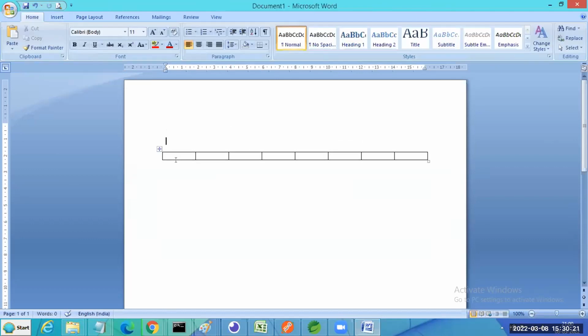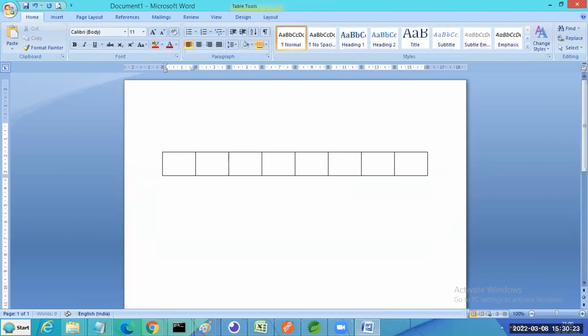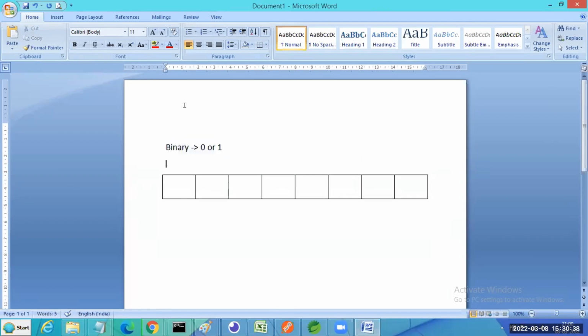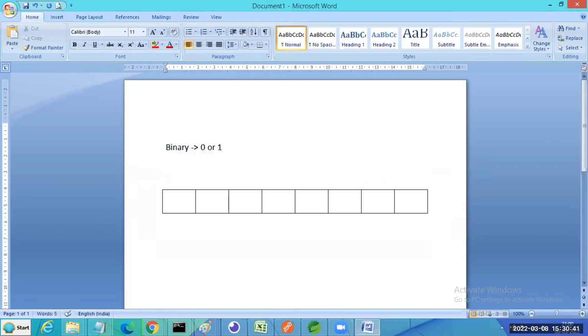Your computer can understand what type of language? Binary. Zeros and ones. Your computer is not intelligent enough to understand 2. Can it understand 2? No.